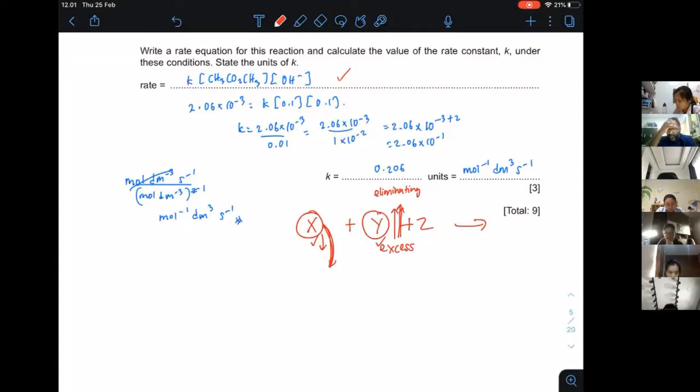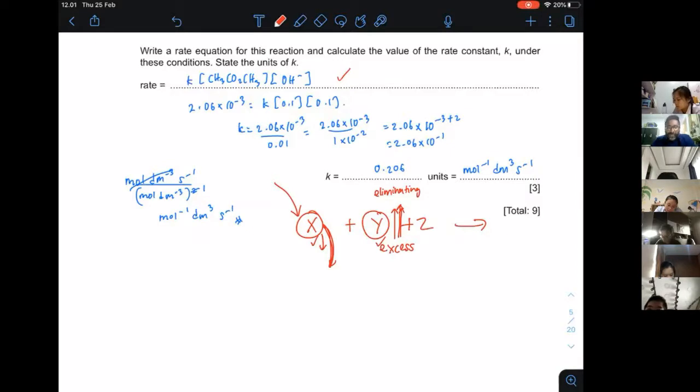If you are going to test only for Y, then you need to make X the excess. The reason is that we don't want any changes related to the other reactant. We are trying to eliminate the effect of that reactant on the rate of reaction. But you can read more about this, Justin.